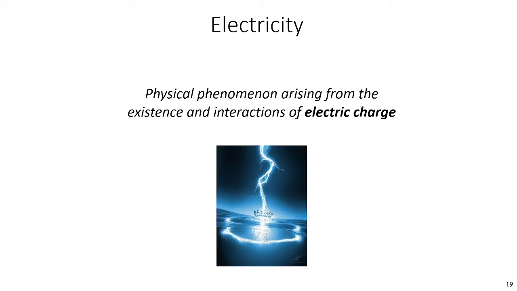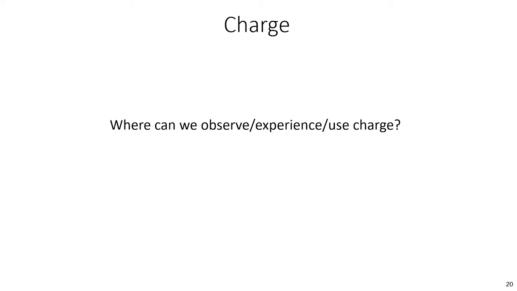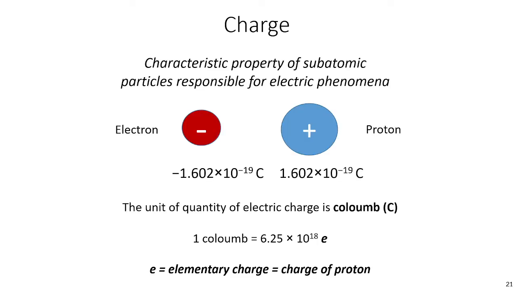When the charge is moving in the material, it creates the current, that we call electricity. We can observe, experience, and use charge. You learn this in the physics course. We have the charge of electron and proton, measured in Coulomb.